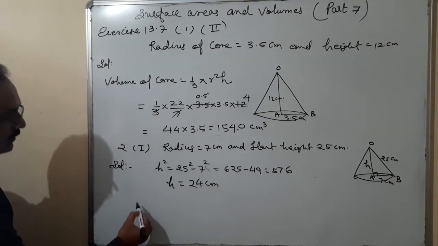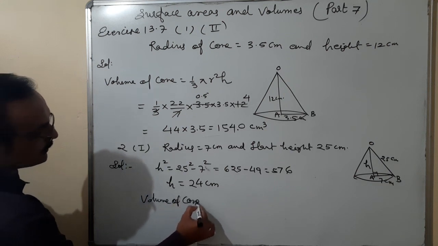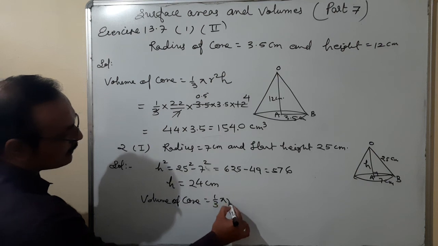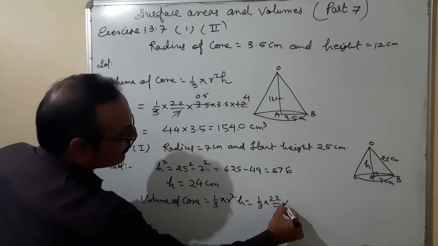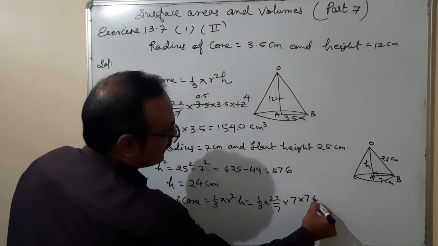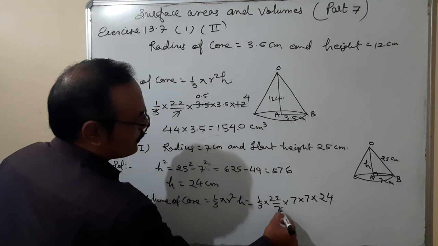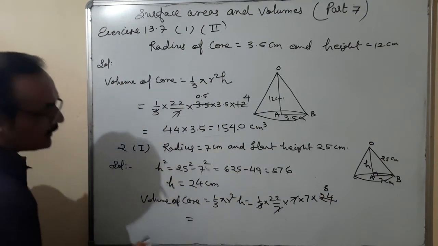Now the volume of cone is equal to 1 upon 3 pi r square h. That is 1 upon 3 into 22 upon 7, radius is 7 and h is 24. 7 cancels with 7, and 3 eights are 24. Now I'm going to multiply them.